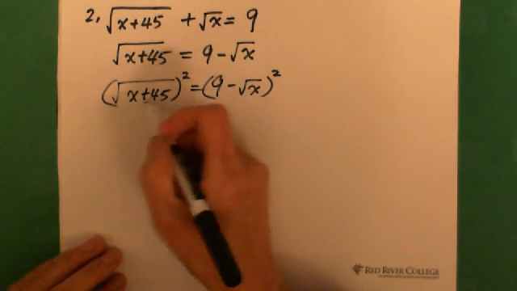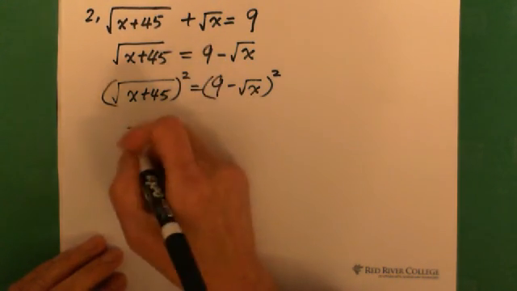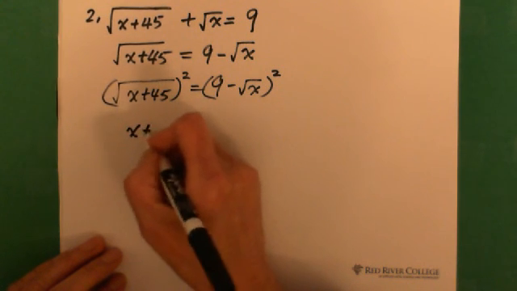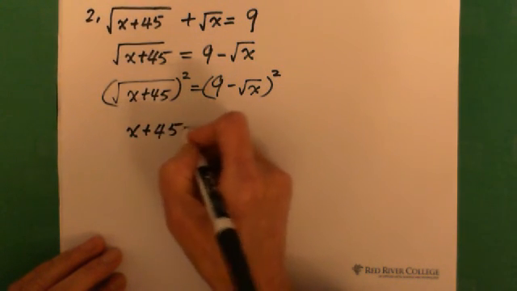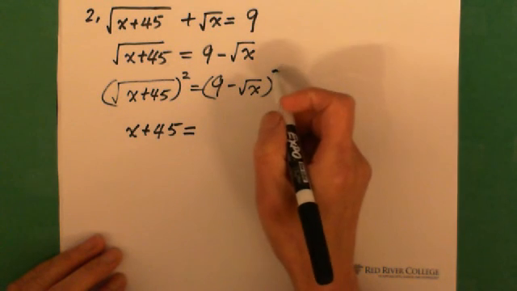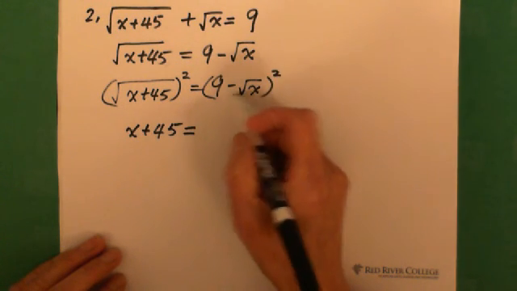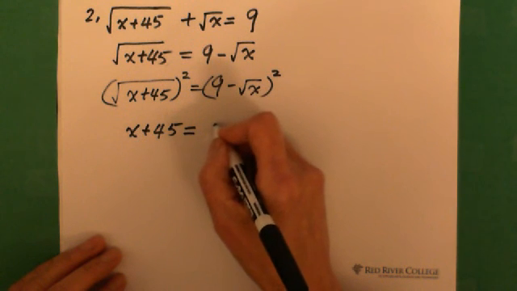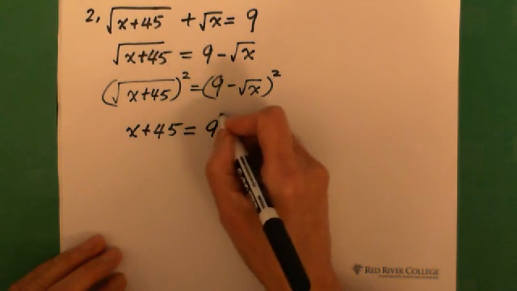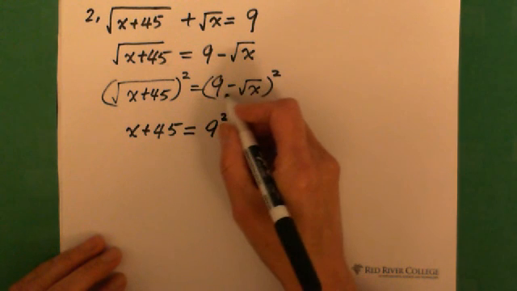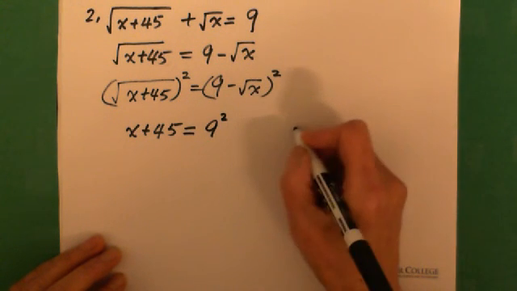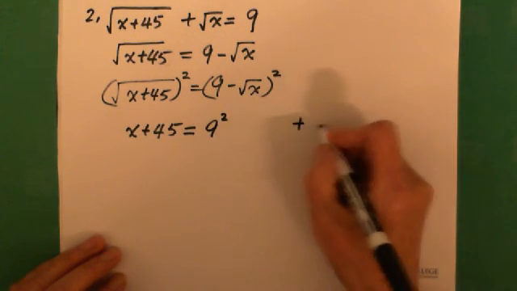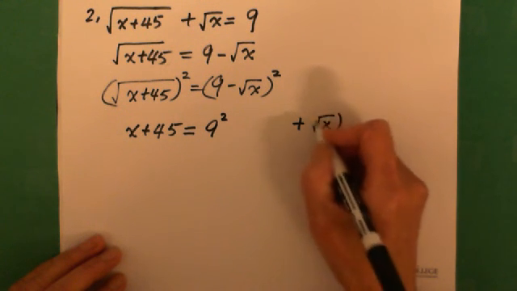On the left side, after squaring, the radical is gone, and we got x plus 45. On the right side, because it is a perfect square, we will get 3 terms. The first term is 9 squared, you can write step by step. The last one is plus square root of x squared.